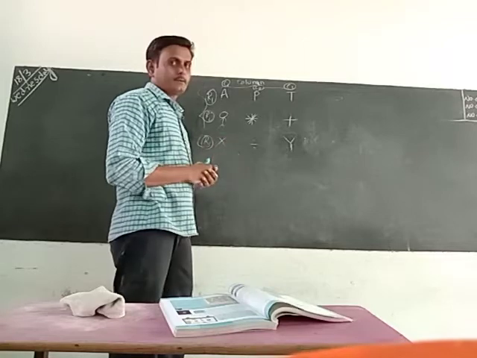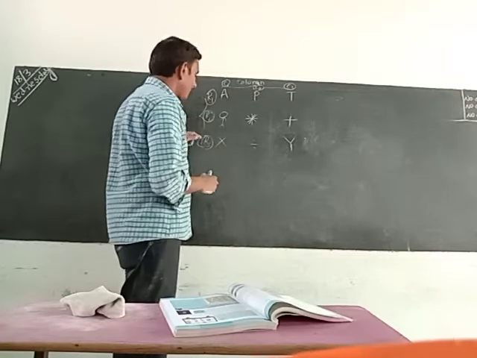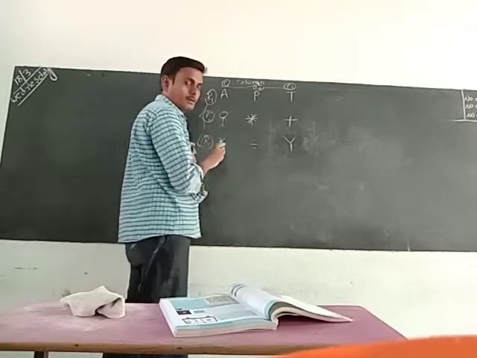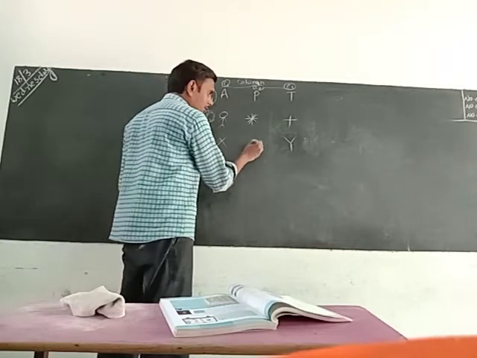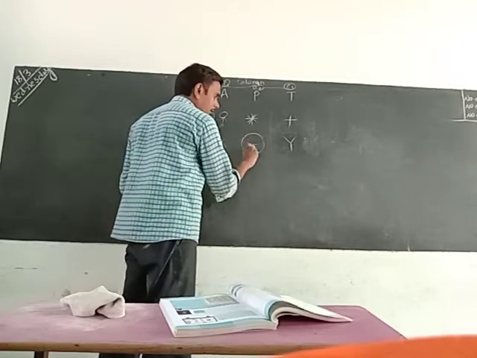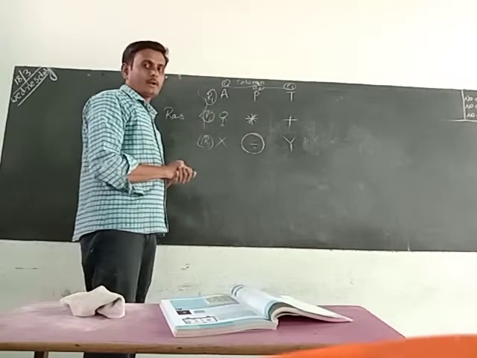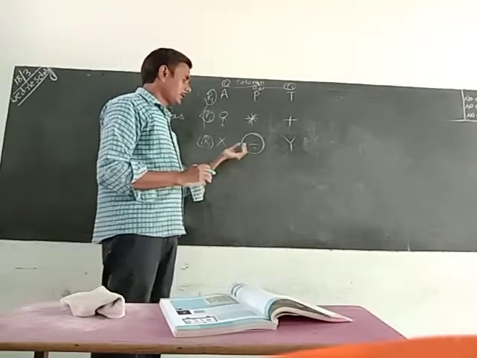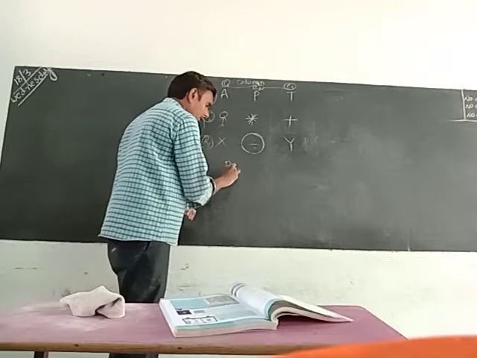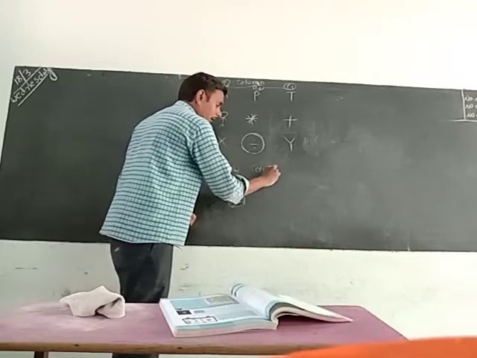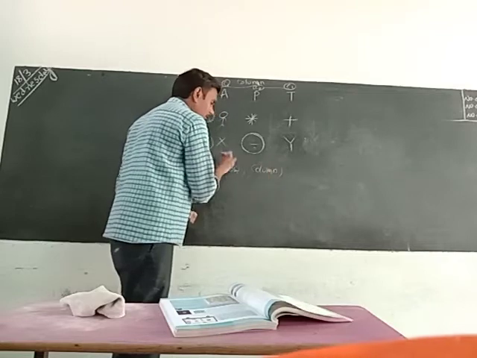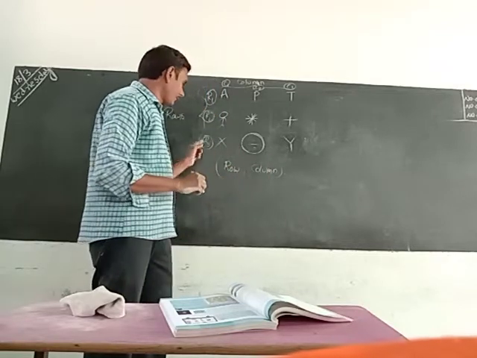Now I need to identify the location of a symbol. I want to identify the location of the division symbol. While writing the location of the division, first we have to identify the row, later the column, separated with a comma. Row, column. Which row is it?